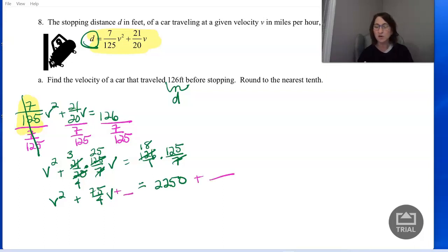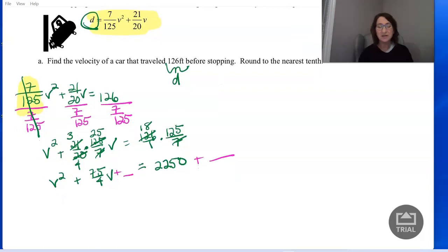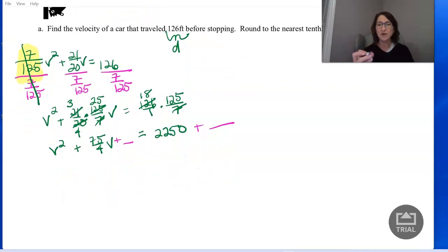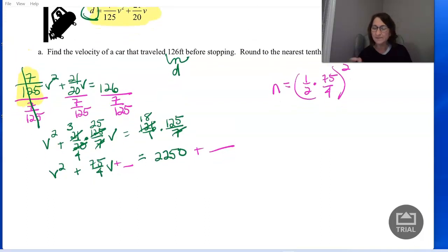In order to solve this, we're going to need to complete the square. To find our n, you've got to be kidding me, right? Our n is going to be 1/2 times 75 fourths, squared. Oopsie, there, now you can see it.